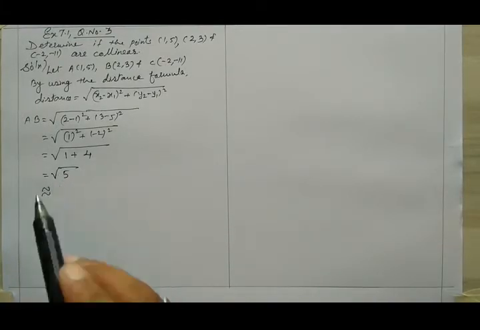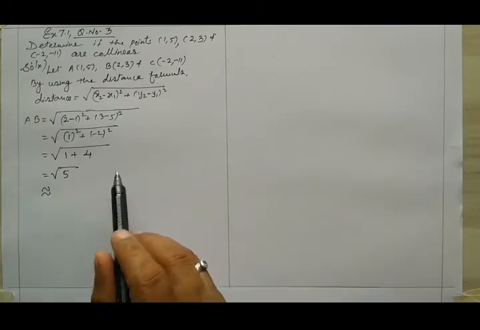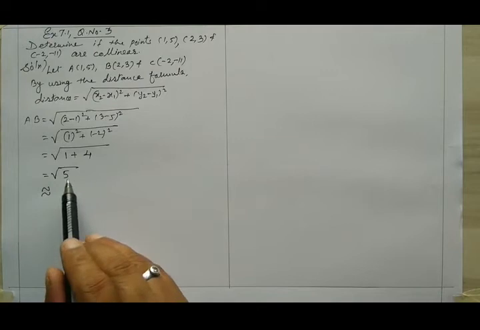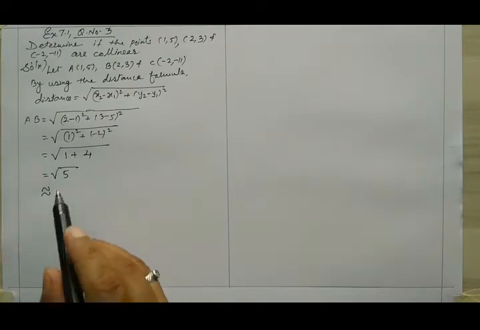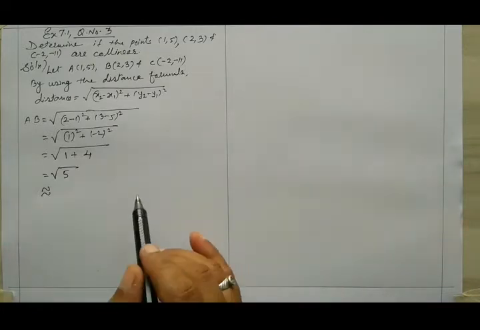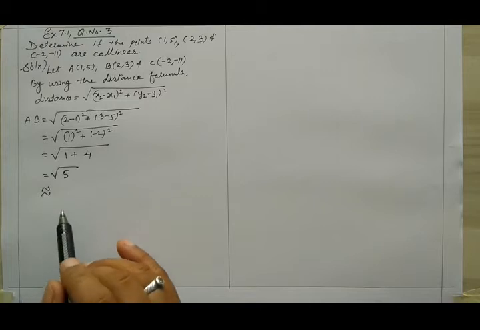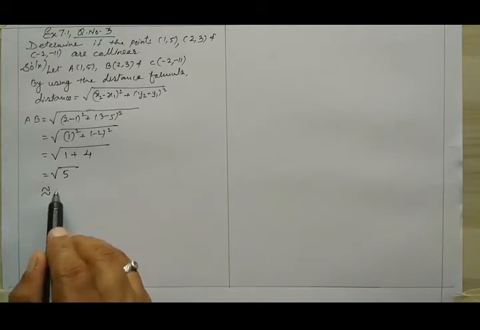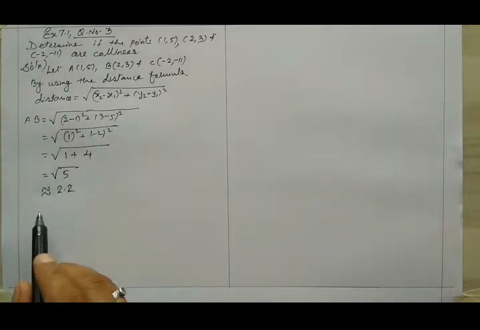Approximately, we can calculate up to 1 decimal place. You know how to calculate the square root of 5, studied in 8th standard by the long division method. It will come out to something like 2.2. Okay, let us calculate BC.